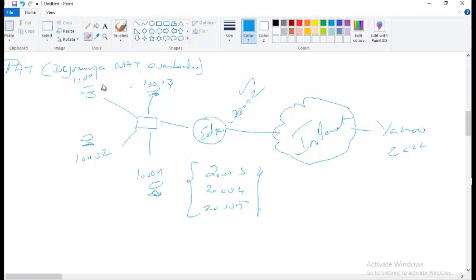For PAT, or dynamic NAT overloading, you really do not need more addresses in the pool. Let's see what actually is a reasonable number of addresses we need.